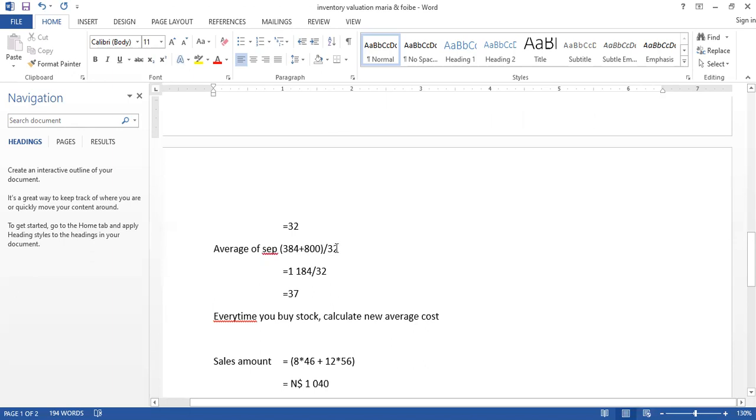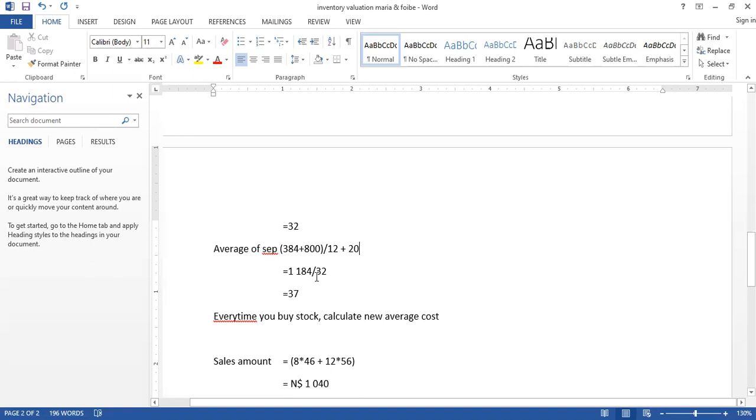We have 12 units from the previous month plus 20 that were bought, ne? So we have 12 units from the previous month plus the 20 that were bought recently.